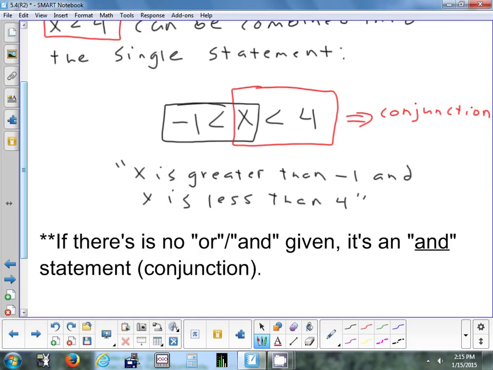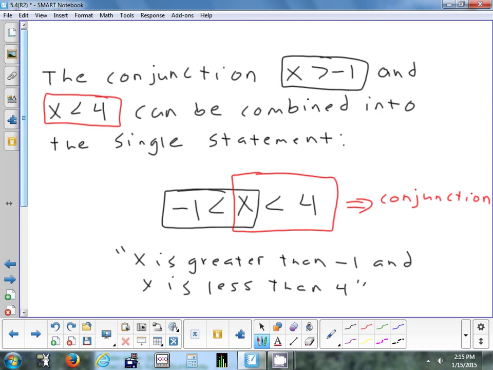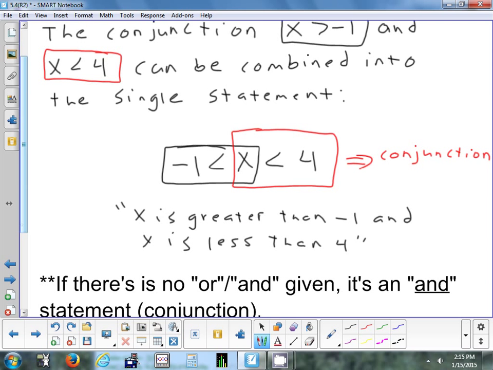If it's a disjunction, what word will you always see? Or. If it's a conjunction, it could be written this short way, or it could also be written the long way. If it's written the long way, you'll see the word and. If it's written the short way, you won't.